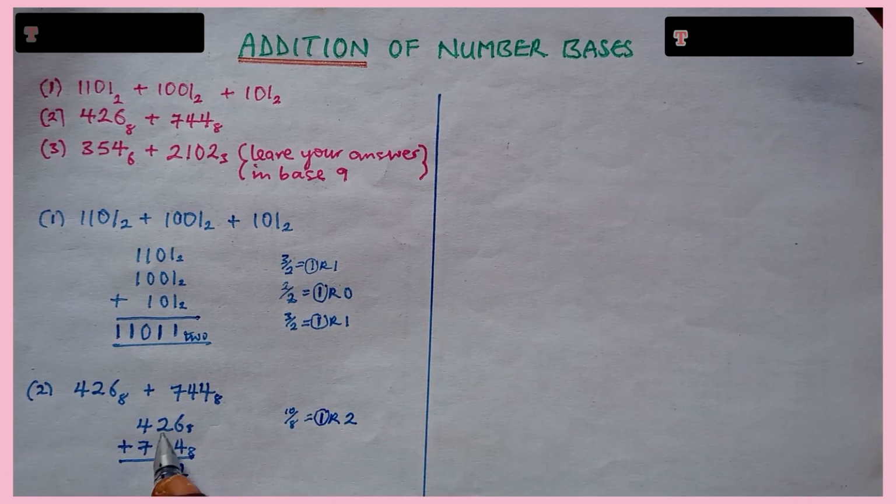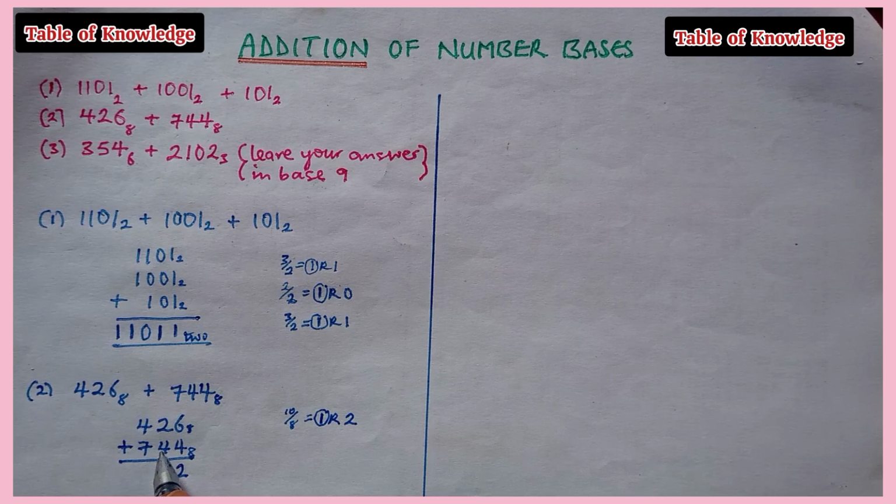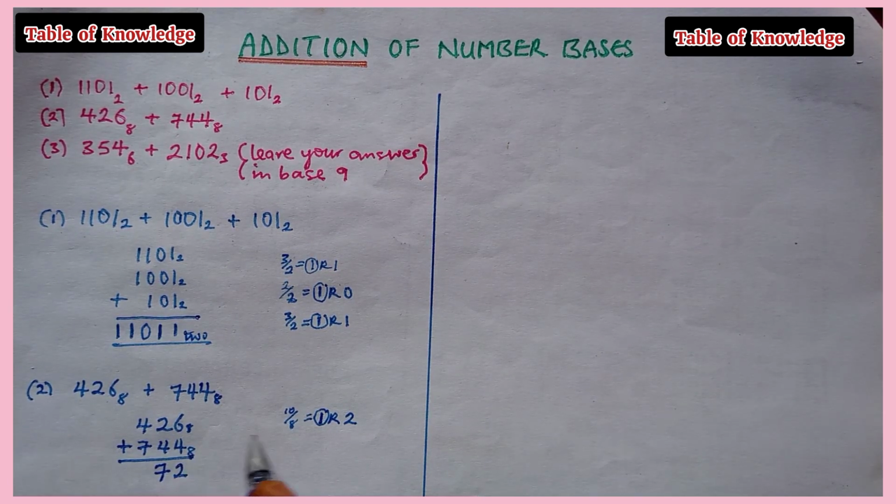Next, 2 plus 4 is 6, plus this 1 we carry, which is 7. 7 itself is less than the base, so we can comfortably write down the 7. So here we have 7. 4 plus 7 is 11. 11 is greater than the base, so we cannot write down 11. We'll use the base to divide it.